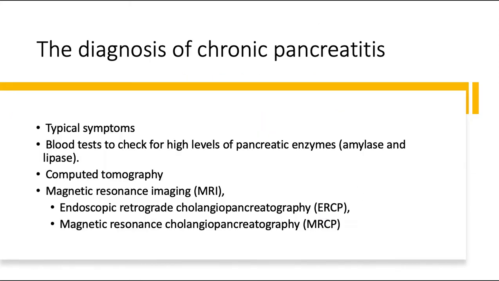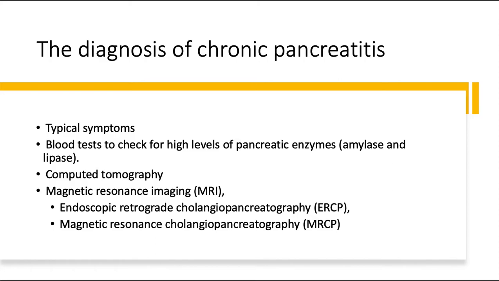The diagnosis of chronic pancreatitis can be made based on typical symptoms and imaging studies that show damage and scarring of the pancreas. The following tests are required. The blood test to check for high levels of pancreatic enzymes, amylase and lipase. A computed tomography scan, a magnetic resonance imaging, or ultrasound to detect inflammation and scarring of the pancreas.